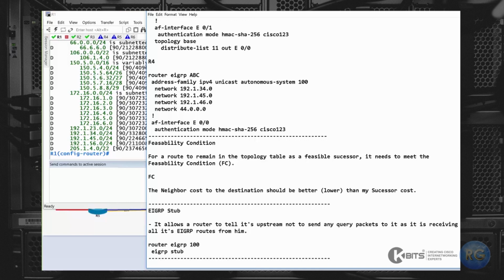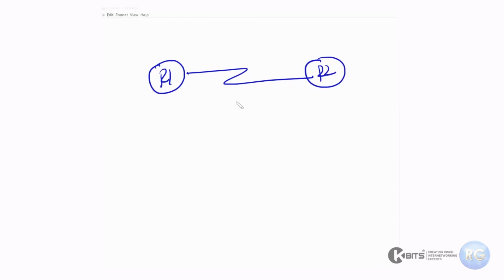Now the bandwidth percent is something that EIGRP allows us the ability to do. In today's networks it doesn't matter, but in the older days when it came out, it used to be an important thing. EIGRP is the only protocol that self-governs itself. Let's say I had router 1 connected to router 2 over a slow link.